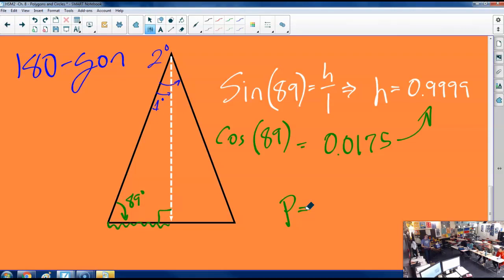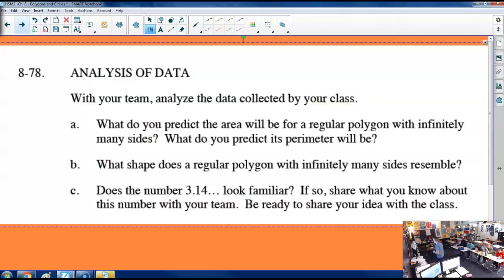As a 180-gon, it basically looks like a circle. So, in a circle, we can kind of think of a circle like an infinite amount of polygons, right?